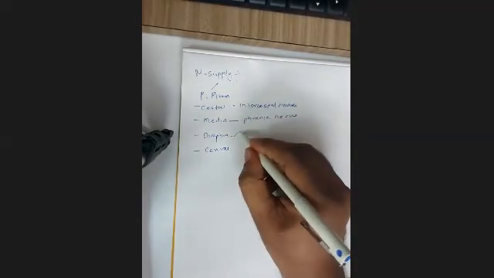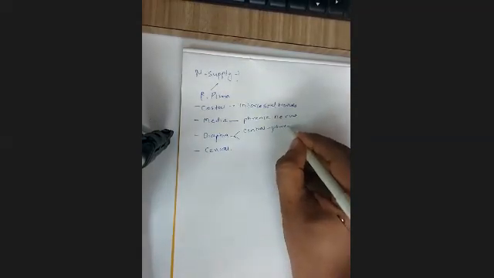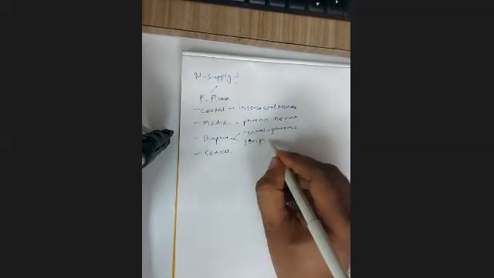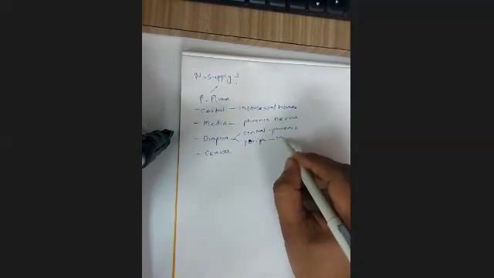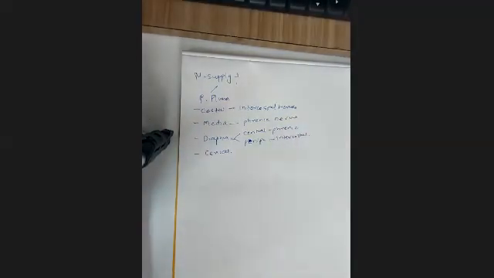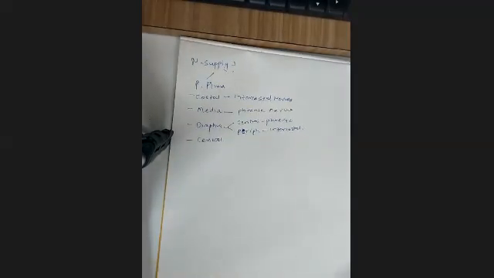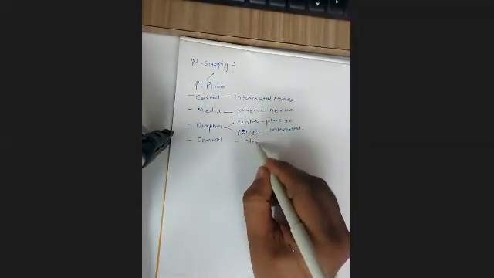The diaphragmatic pleura, its central part will be supplied by the phrenic nerve, and the peripheral part will be supplied by the intercostal nerve. While the cervical pleura will also be supplied by the intercostal nerve.